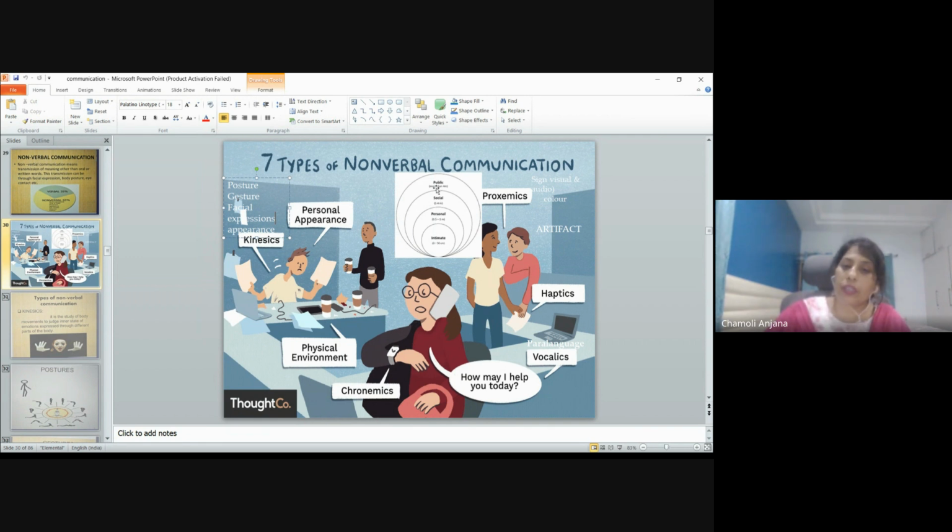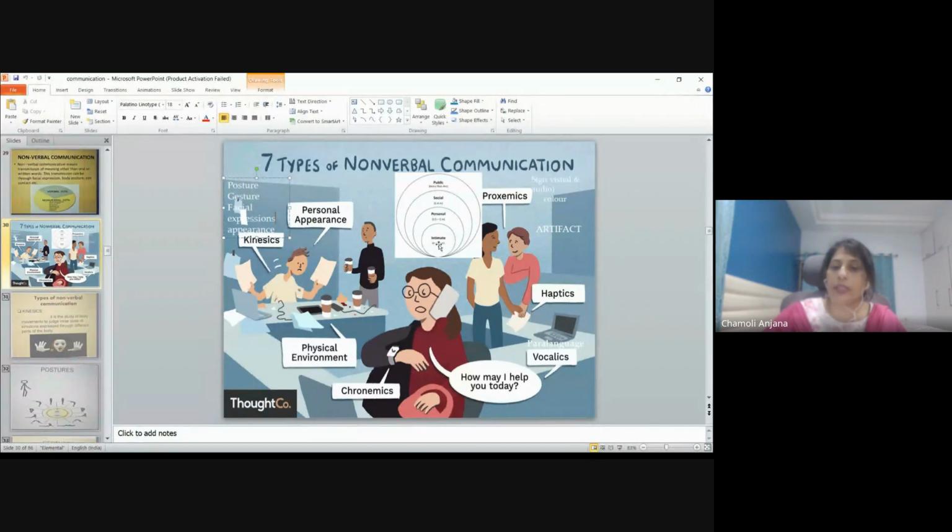Then if the distance between the sender and receiver is more than 12 feet, it is called public space. This is like when an announcement is made, or a meeting or some kind of presentation is given, then this public space is created.